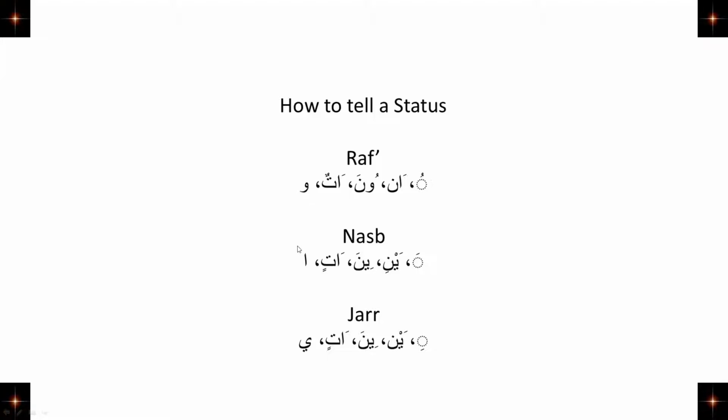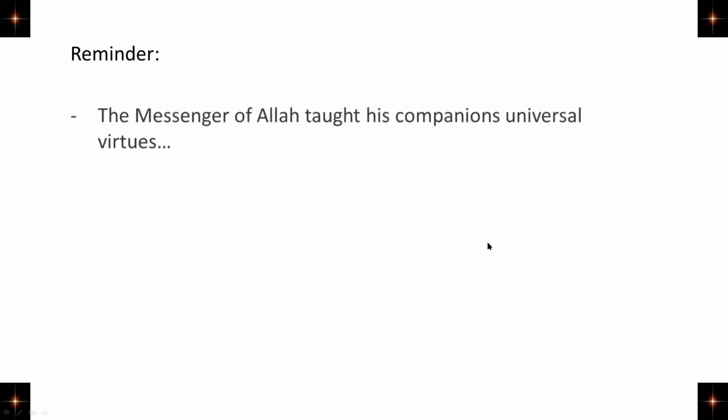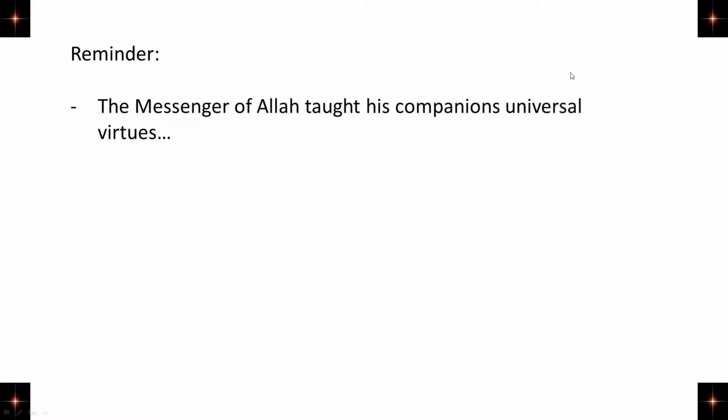And waw, alif, and ya are for special isms called Al-Asma al-Khams. Okay, so these are all signs depending on where they find themselves, but they are signs for jar, nasb, and rafa. Very good.